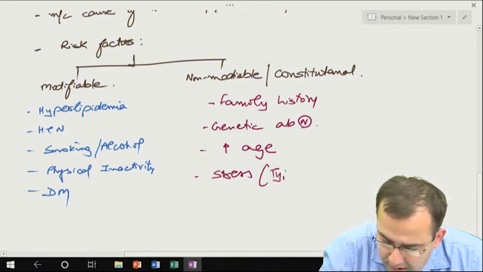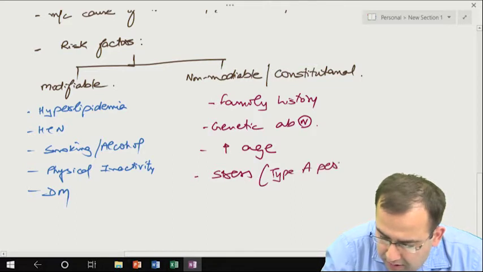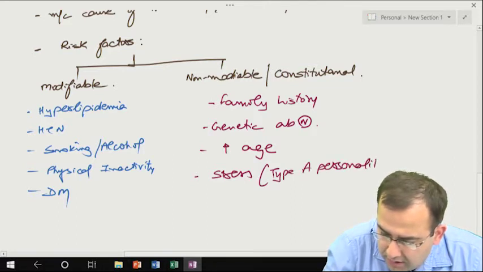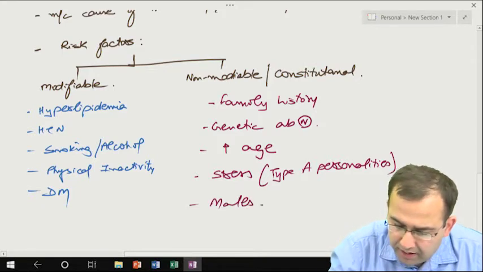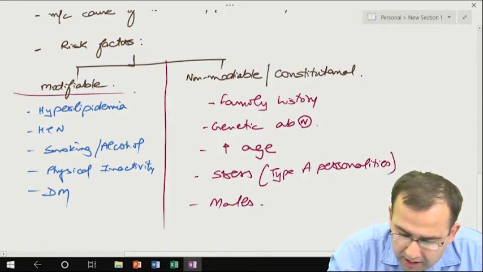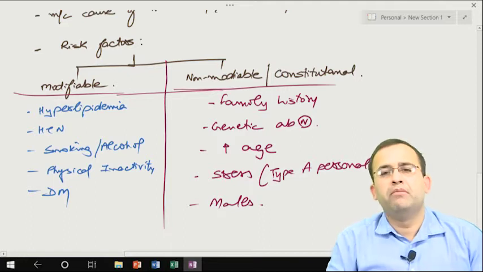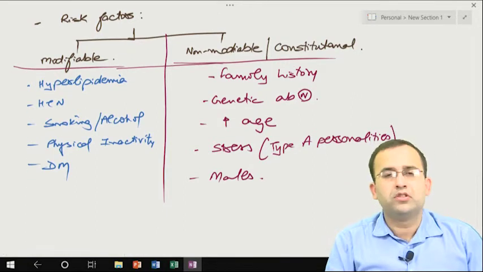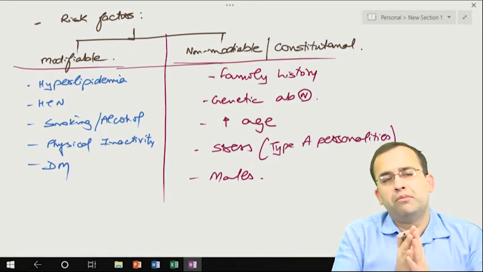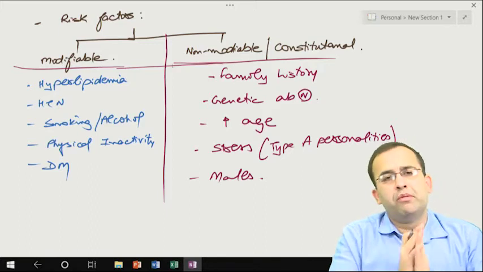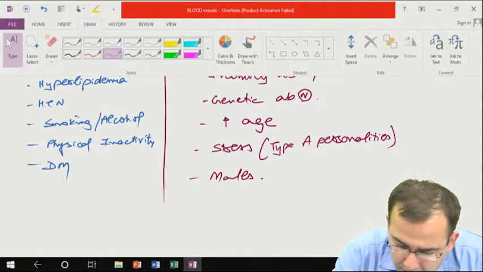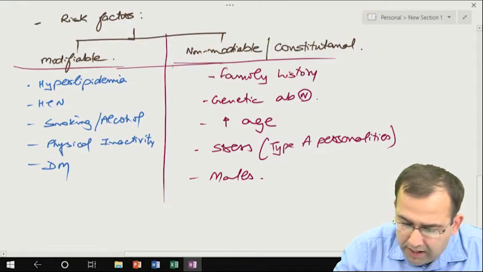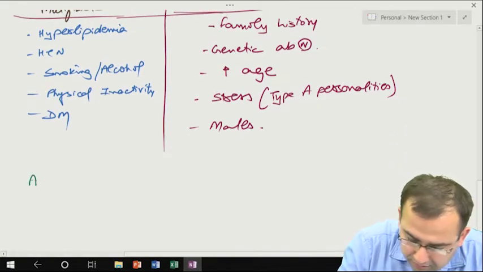Stress, that is type A personalities. And males. These are the non-modifiable or the constitutional risk factors. Nothing to remember. If you just see the table once, you will remember this forever. Next point, this gets us to the additional risk factors.